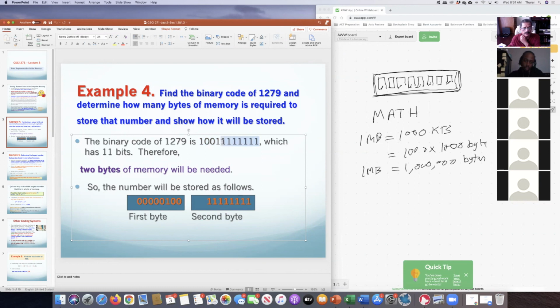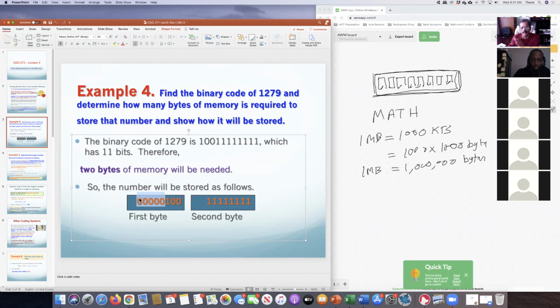is that 8? 3, 6, 7, that's 8, okay. So these will be stored in the latter byte, and these padded with additional zeros in the front will be stored in the first byte. So you only add zeros to the front, because adding zeros to the front doesn't change the value of the number.